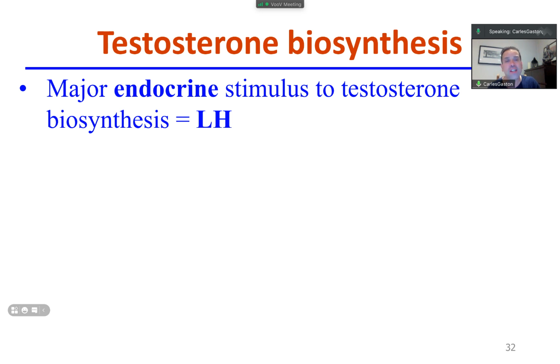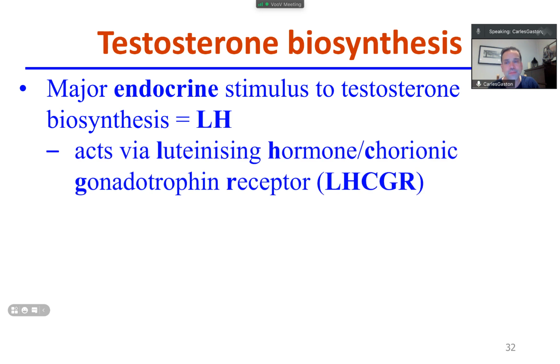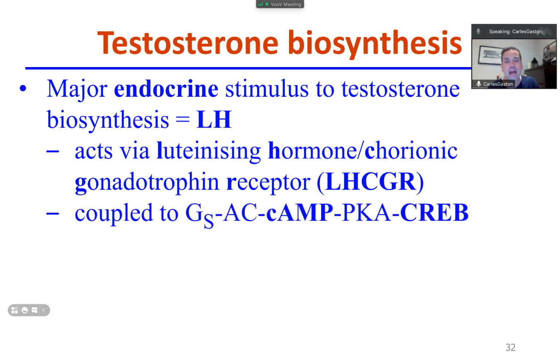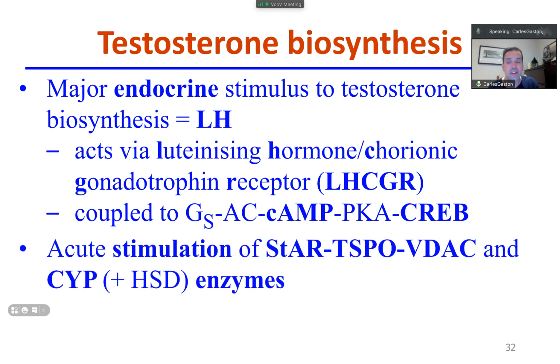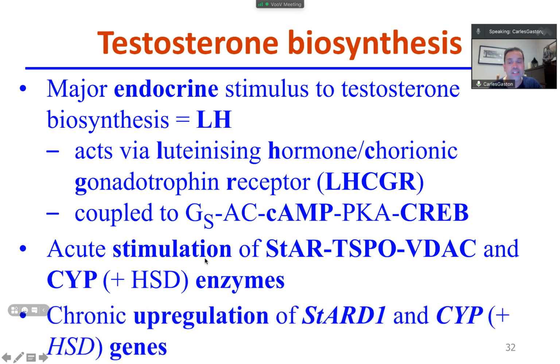The major endocrine stimulus to testosterone biosynthesis is LH. It acts via the luteinizing hormone chorionic gonadotrophin receptor, and basically is coupled to a G protein and cyclic AMP through the PKA CREB signaling. It also, and this is in lectures 23 and 24, remember, causes acute stimulation of the StAR protein and the complex of enzymes, and the CYP enzyme.